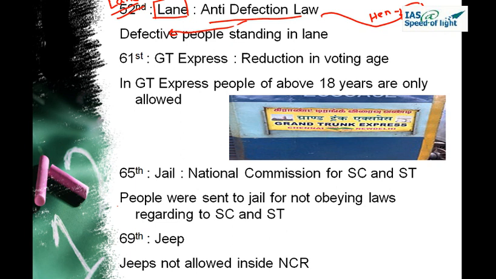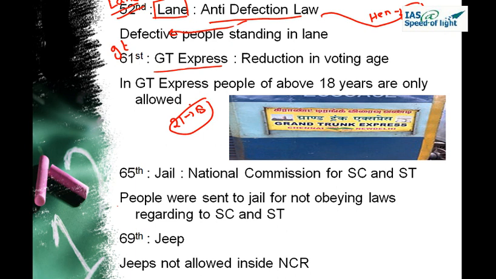61st Amendment Act, and that is G and T. 6 is G for us and 1 is T. So it becomes GT Express. GT Express is an Indian Railways express train. We have to relate it with the reduction in the voting age. In GT Express, only people above 18 years are allowed. In this Amendment Act the voting age was reduced from 21 to 18, and we are linking this with the GT Express.